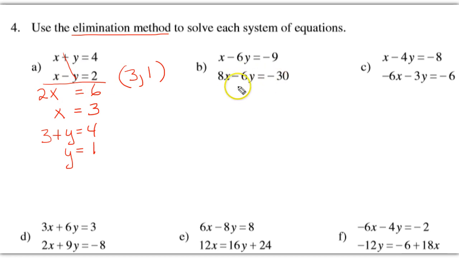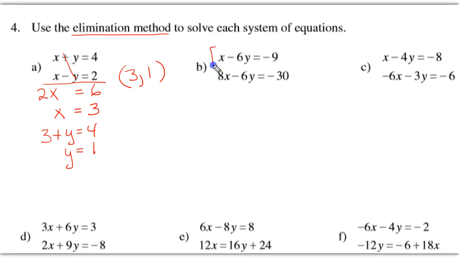Now as we look here, again we're looking to see if something will cancel out. And no. So what do we need to do? Well, we need to study them a little bit. Here I have a negative 6y, and here I have a negative 6y.